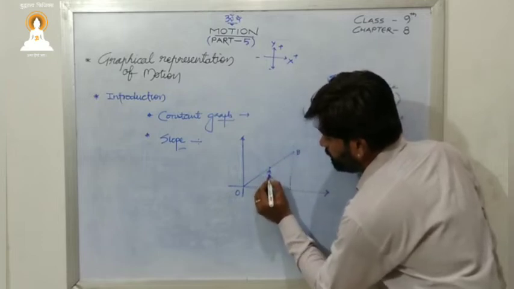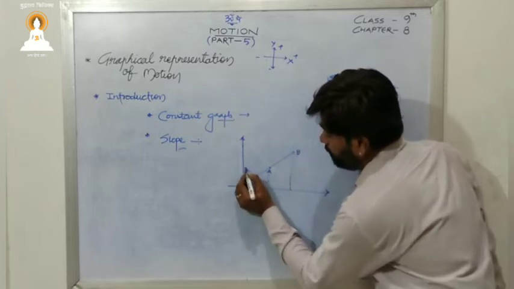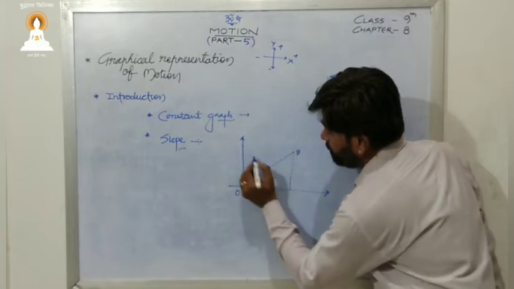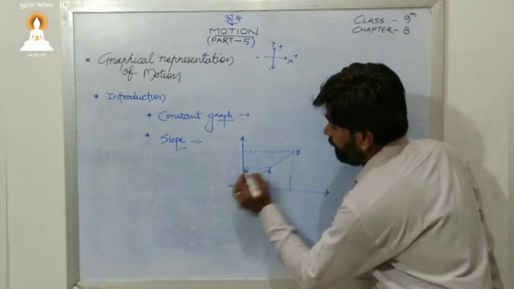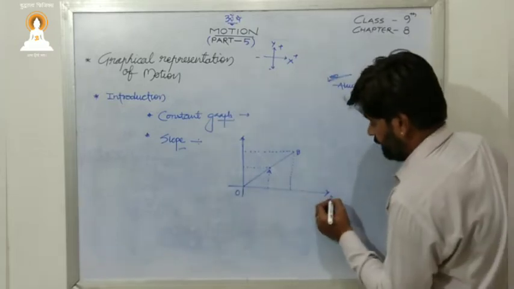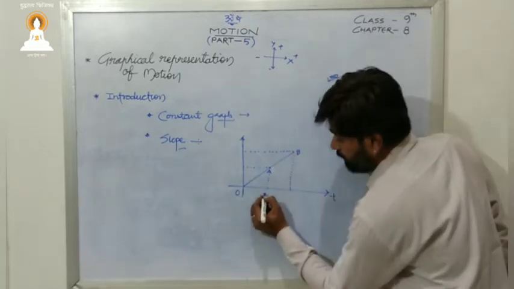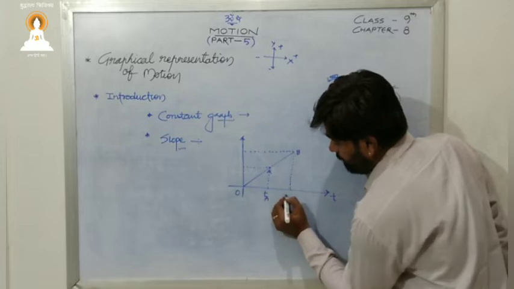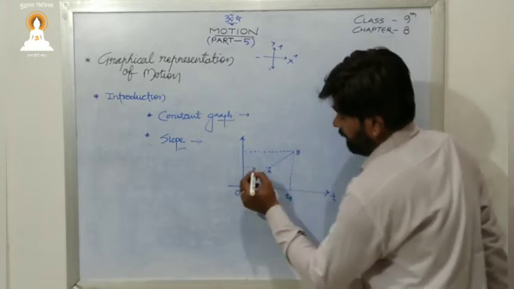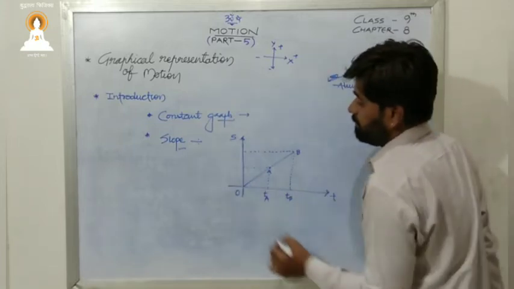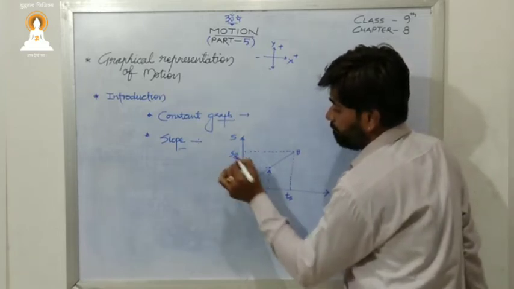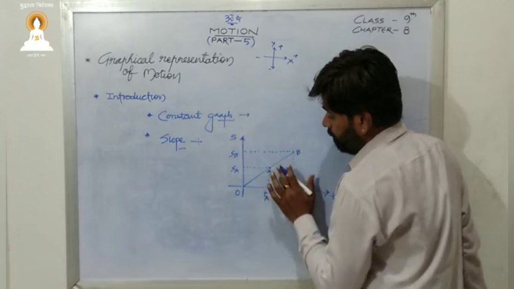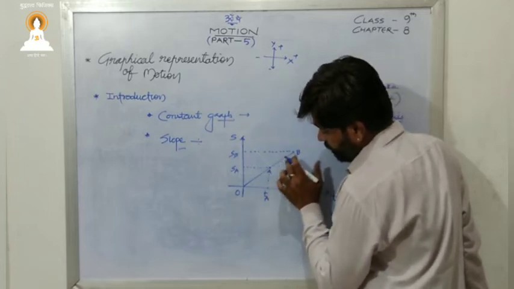With respect to A, I will have some point here, and with respect to B, I will have something here. Suppose that it is time, so it will be TA and TB. And here suppose this is the distance, so this will be SA and this will be SB.